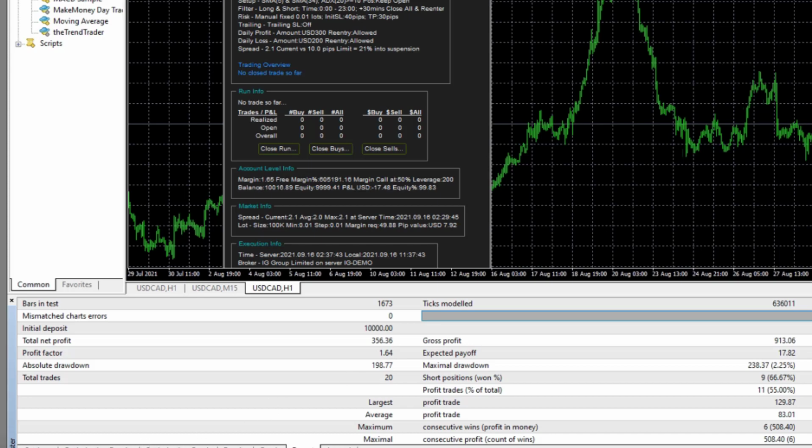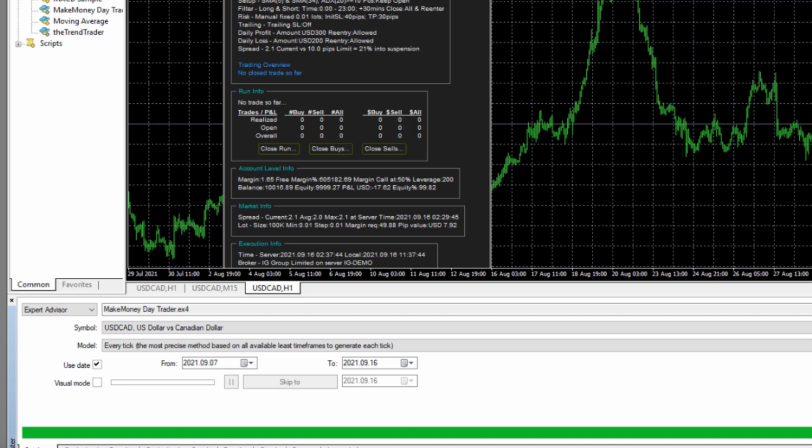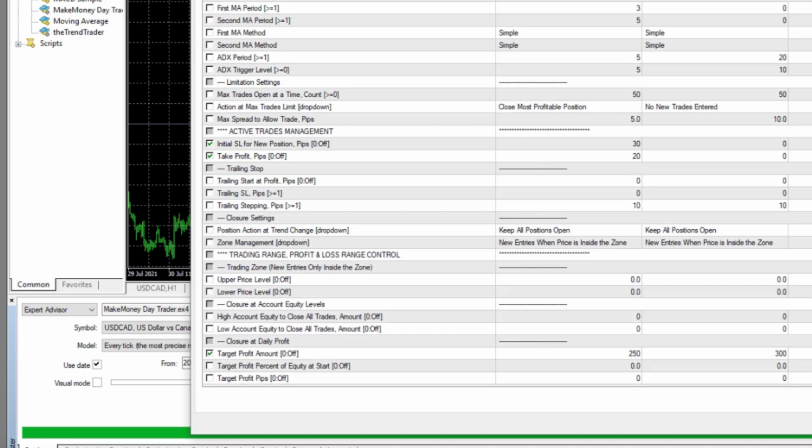So we go back into settings. We click on the expert properties, and there are a couple of areas that might cause it to be negative. So the biggest area is this one, the initial stop and initial target.